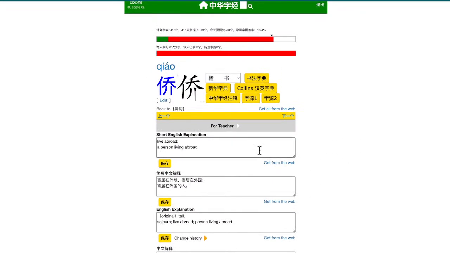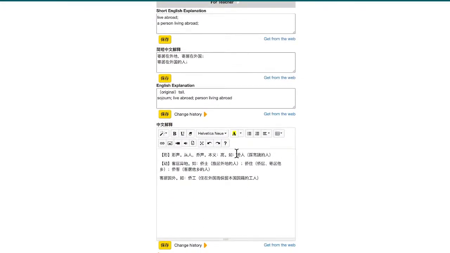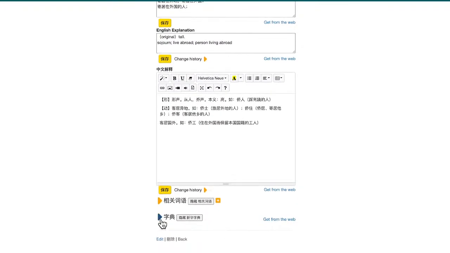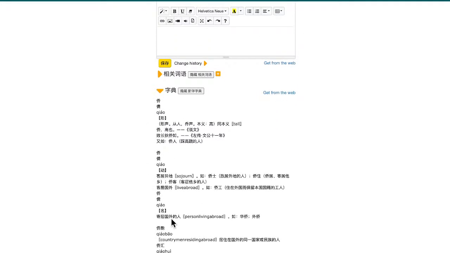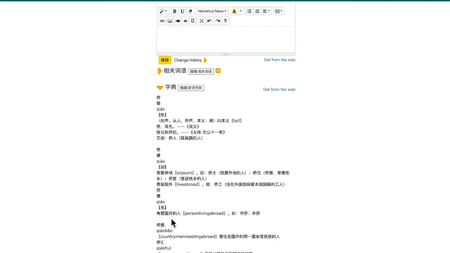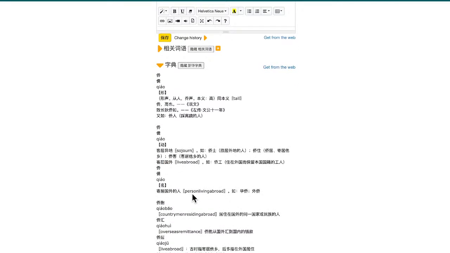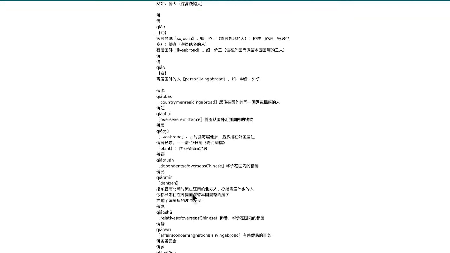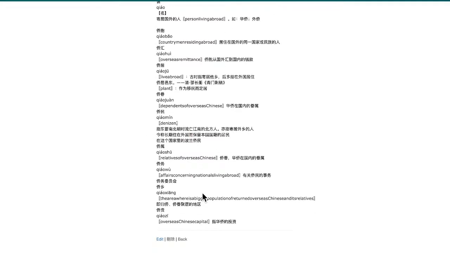Now this character originally means 侨人, where 侨 means high, like 侨人 means people who wear stilts, okay, and so this is to live abroad, right. What else? Yeah, I think it's pretty much it, okay.